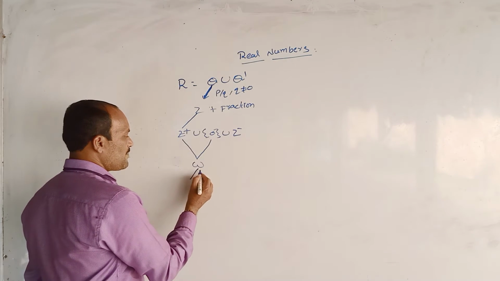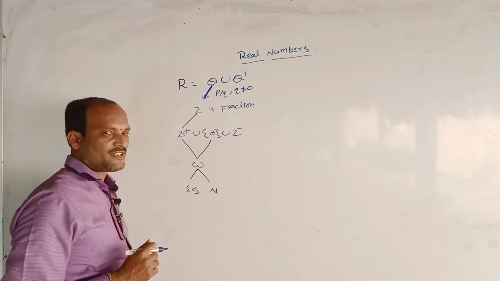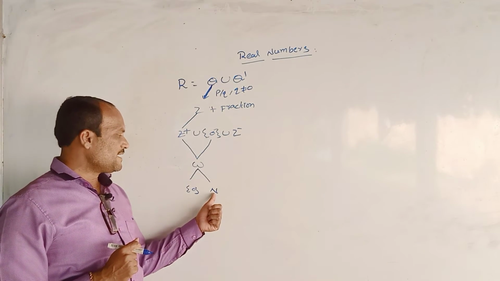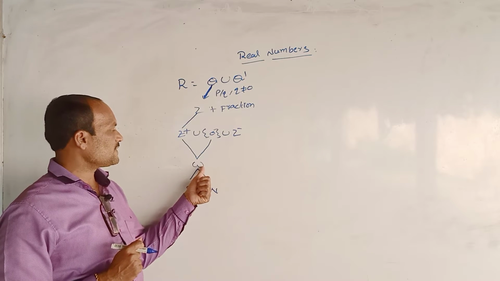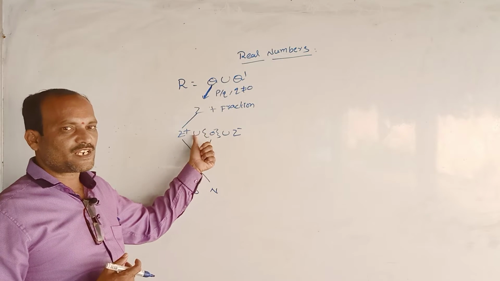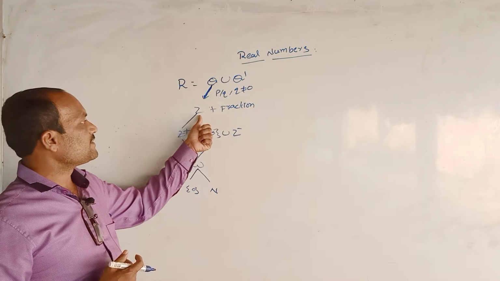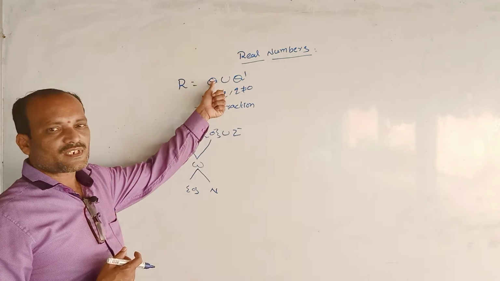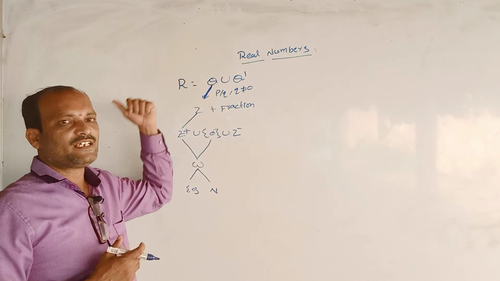The whole numbers are made by the set of 0 and natural numbers. Once again, 0 and natural numbers are called whole numbers. Z plus, 0 and negative numbers are called integers. Integers plus fractions are called rational numbers. Rational numbers and irrational numbers are called real numbers.